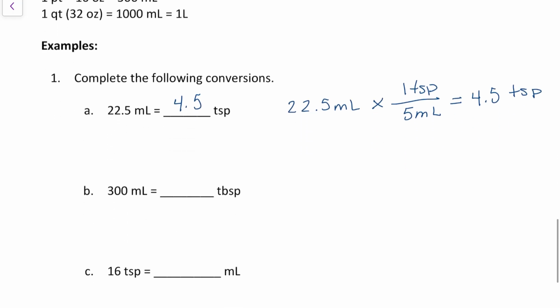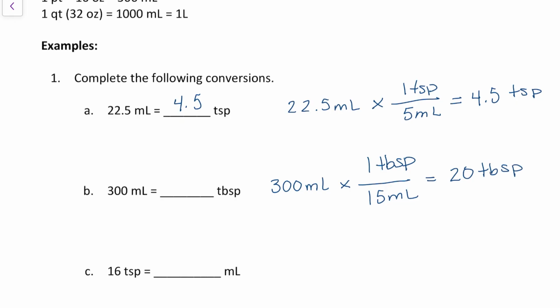My next one here, I have 300 milliliters into tablespoons. So I'm going to times that by 1 tablespoon is 15 milliliters. So I'm going to do 300 divided by 15, and I get 20 tablespoons.